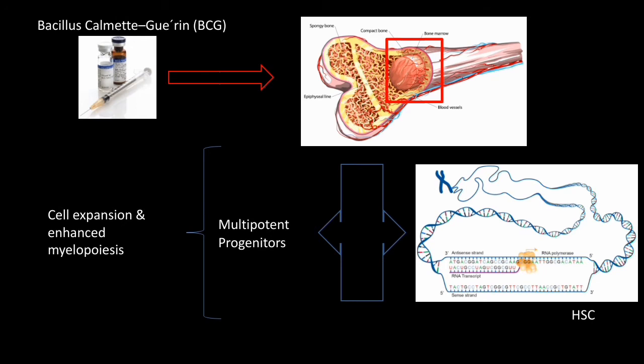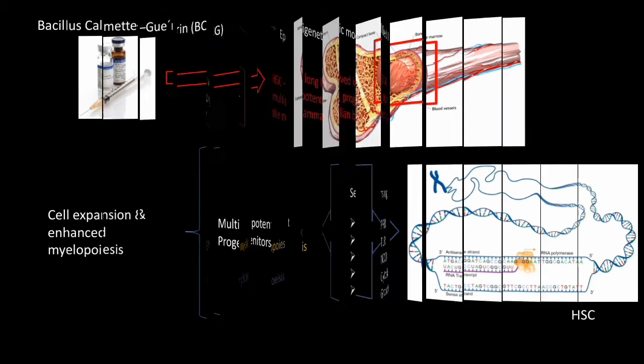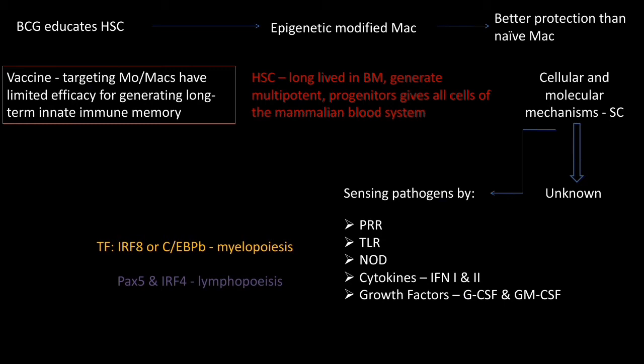So how does BCG help hematopoietic stem cells? BCG has access to the bone marrow, which makes changes in the transcription of hematopoietic stem cells and multipotent progenitors, which ultimately produces cell expansion and enhanced myelopoiesis. Also, BCG educates hematopoietic stem cells to produce epigenetically modified macrophages.